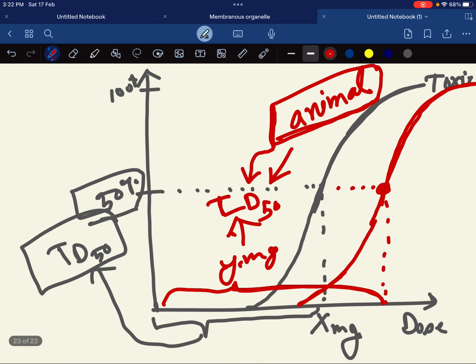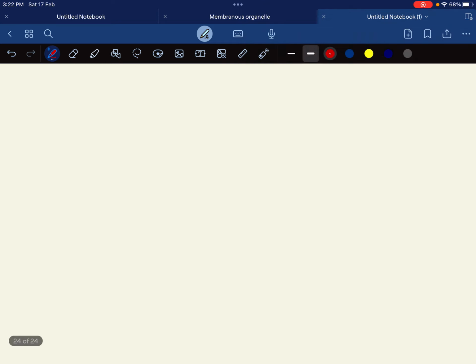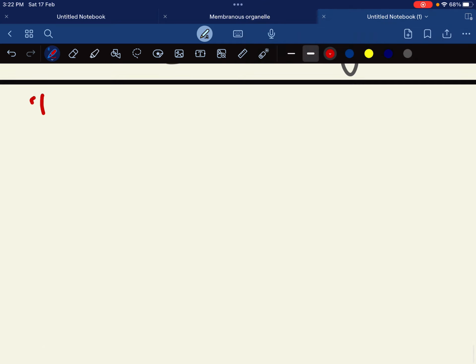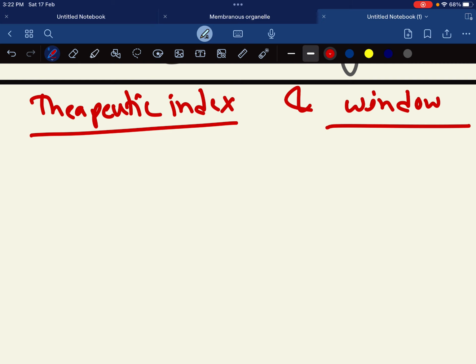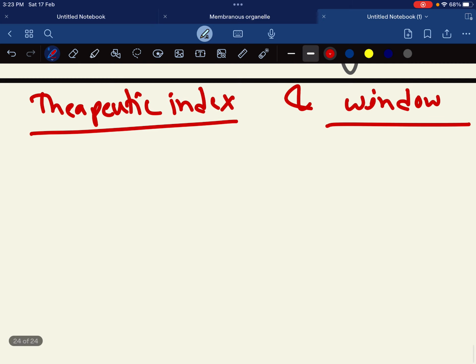Now I should give you a hint that the therapeutic index and window can also be obtained from this quantal drug response curve.